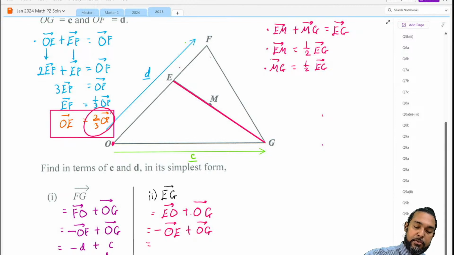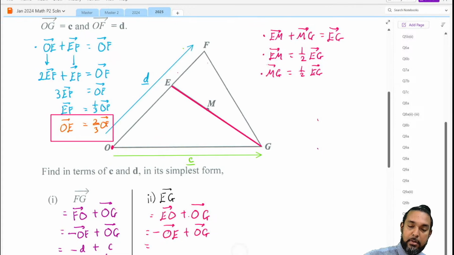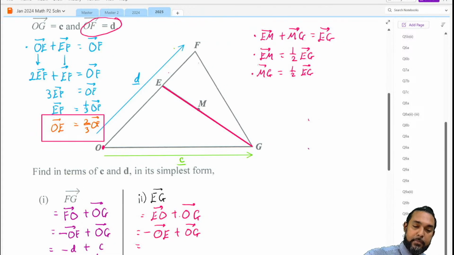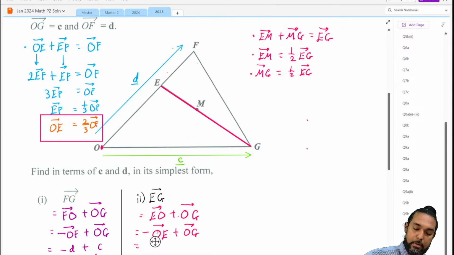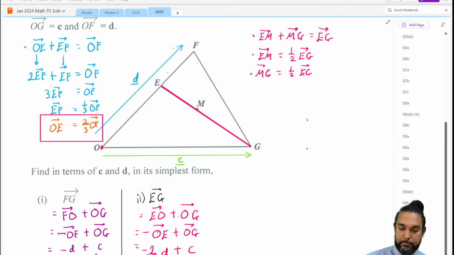So OE is 2/3 of OF, and OF is just D. This is minus 2/3 D plus C, right? Or you could simply write it as C minus 2/3 D.